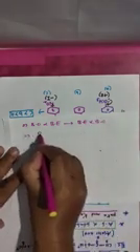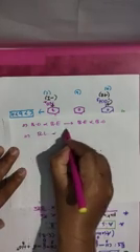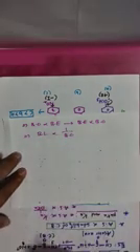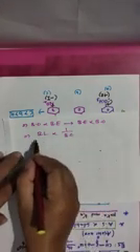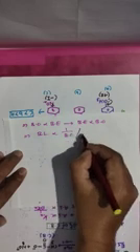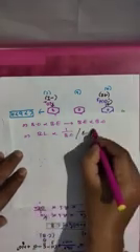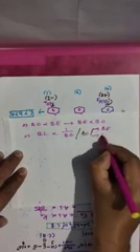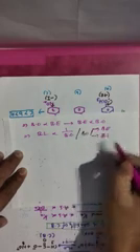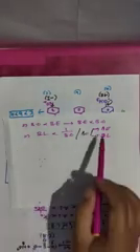Next, bond length is inversely proportional to bond order. Bond order more, bond length less. Bond order less, bond length more. If you know the bond order, you can work out the other two concepts, bond energy and bond length. Based on bond length and bond energy you also get questions.